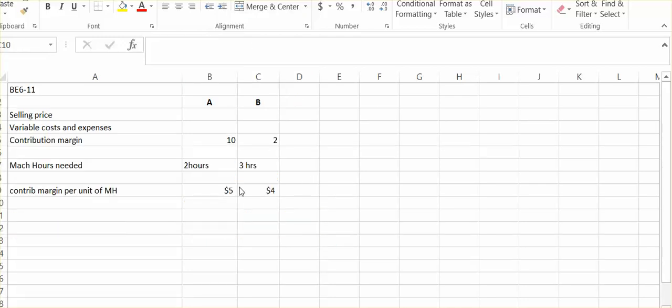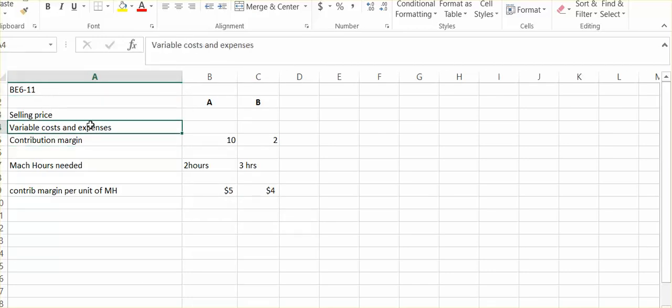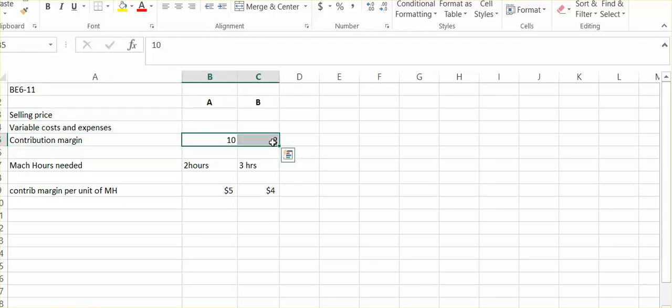If we look at another example of a limited resource problem, brief exercise 611, we see that they don't tell us the selling price and variable cost, but what they do tell us is the contribution margin. So we have to start from there, and that's fine. And then they tell us that product A uses 2 hours from the machine to make a product A, and product B uses 3.